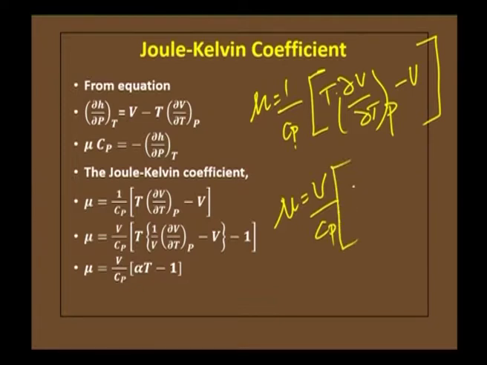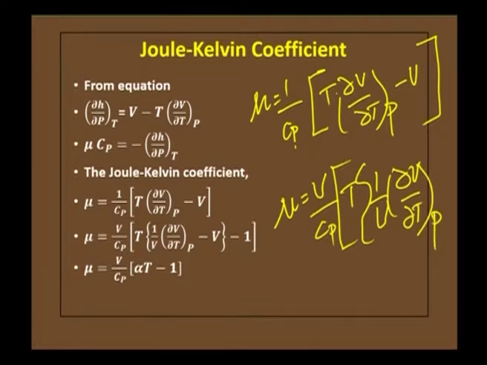into t into 1 by v into dou v by dou t at constant p, minus v, minus 1.